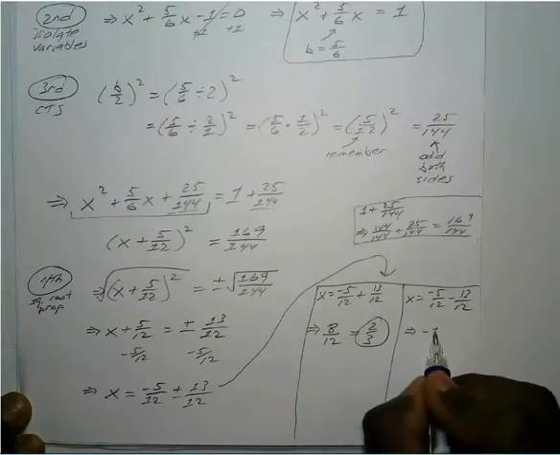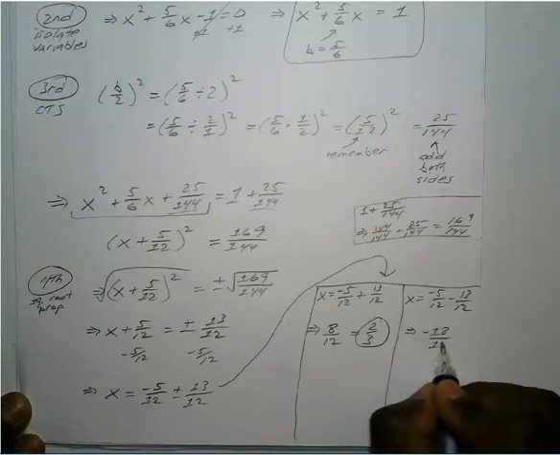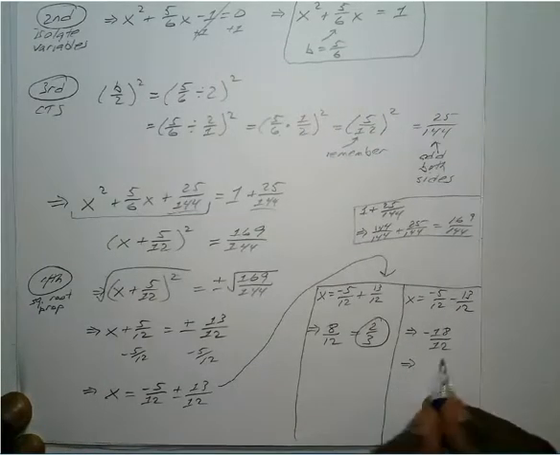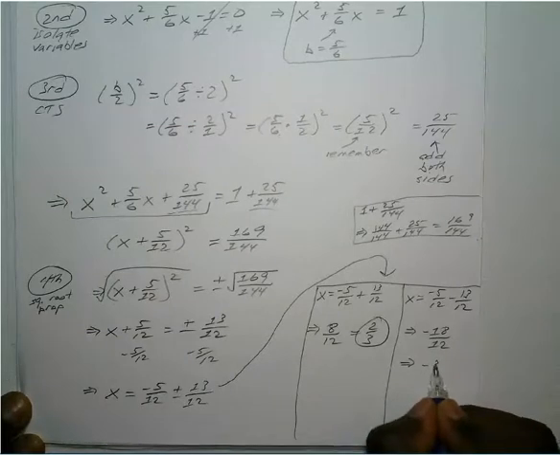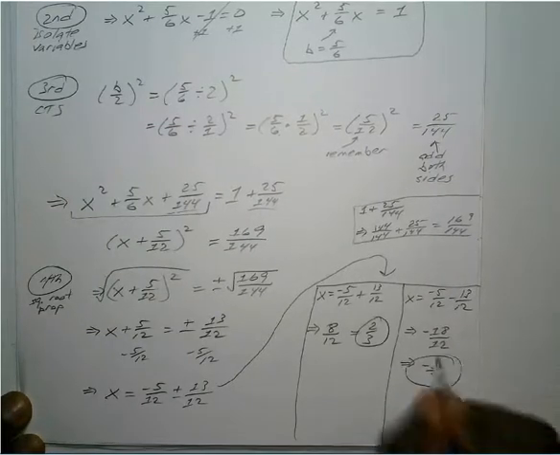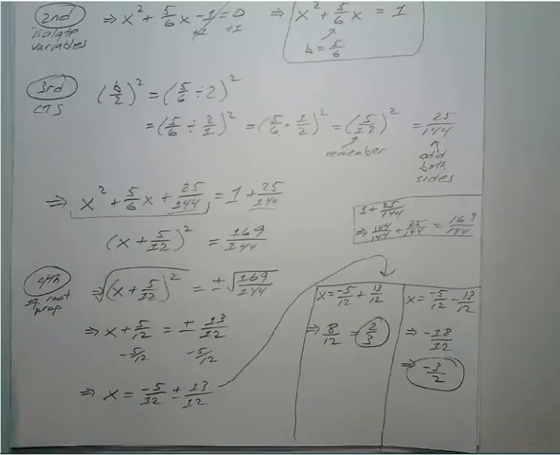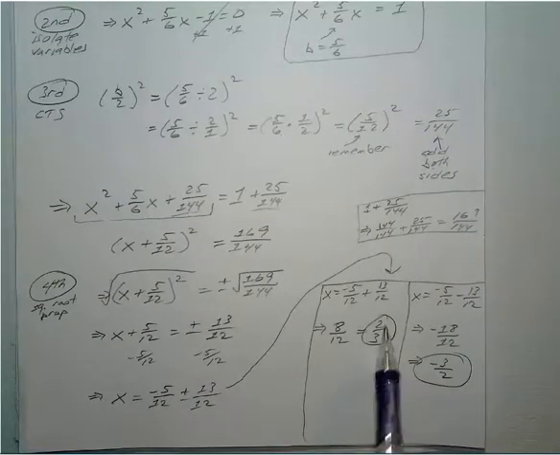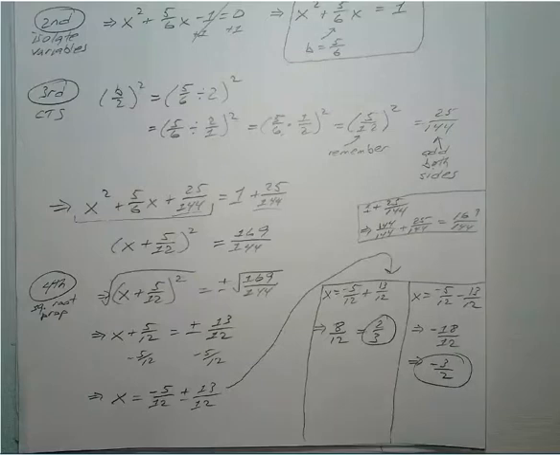So we have negative 18 over 12, which simplifies to be negative 3 over 2, since 6 divides both of those. Okay, so your answer to this one is x equals 2 over 3 and x equals negative 3 over 2. So they won't always stop at the plus and minus. Sometimes you can simplify it all the way through to an actual solution.